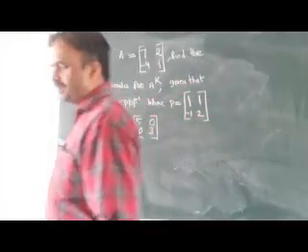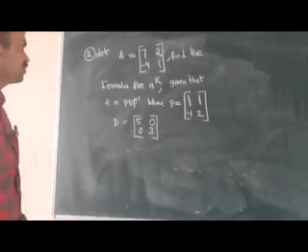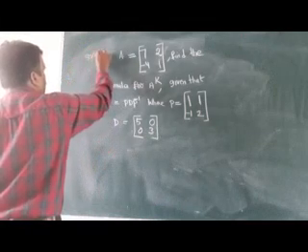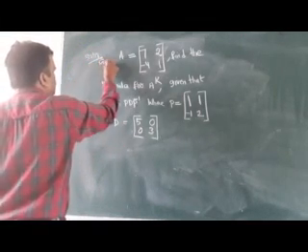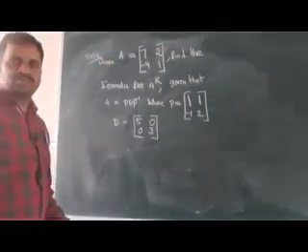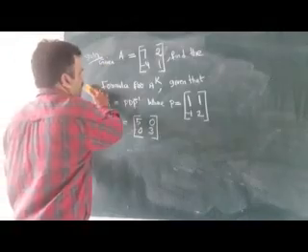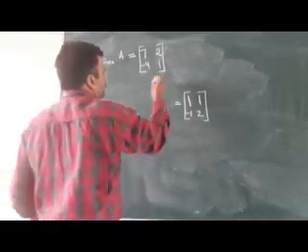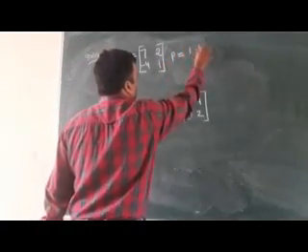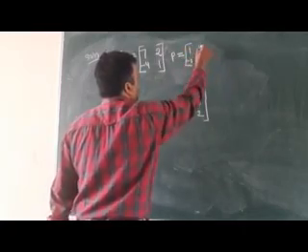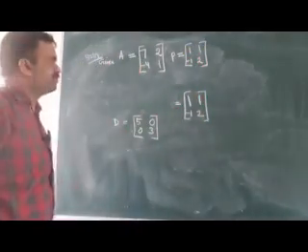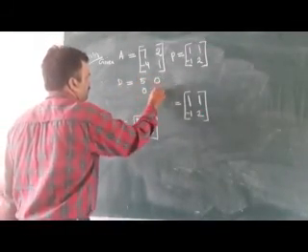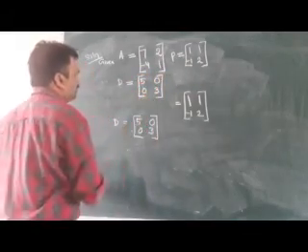Solution. Given A equal to [7 2; -4 1], P equal to [1 1; -1 2], D equal to [5 0; 0 3].